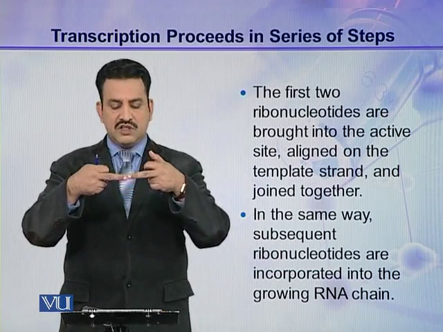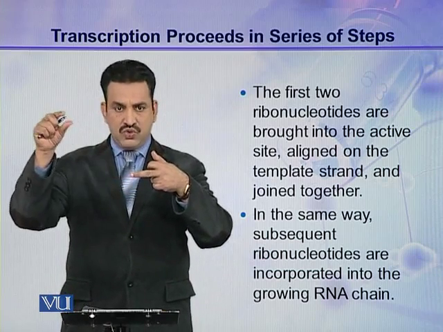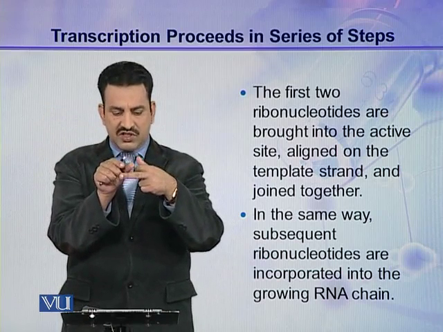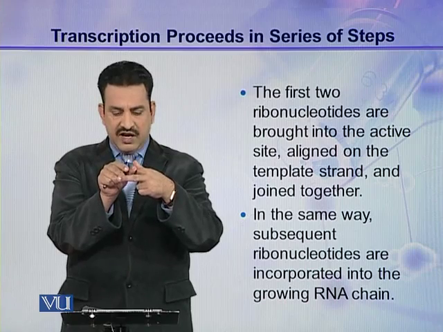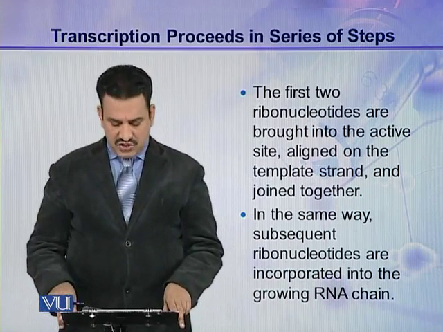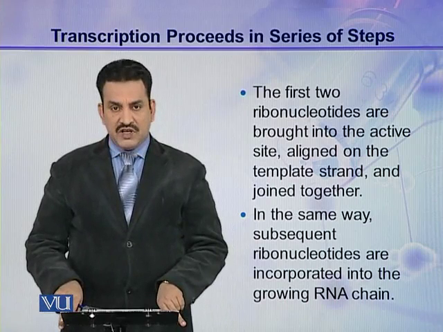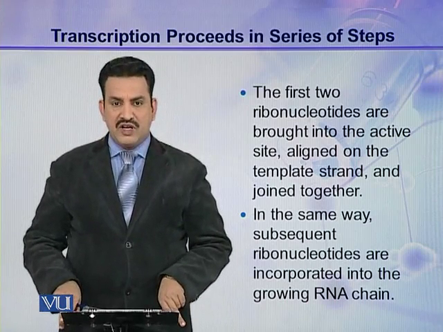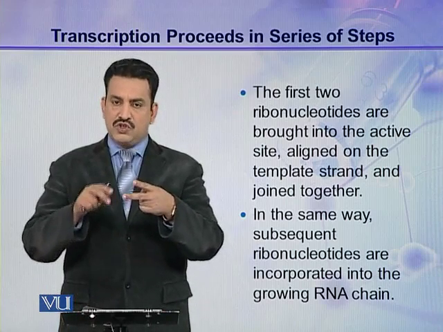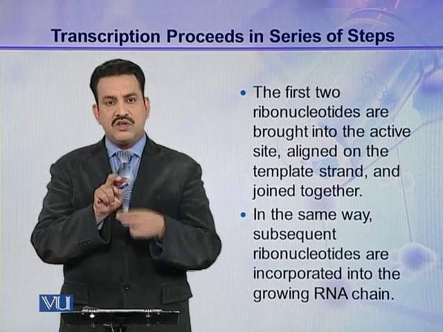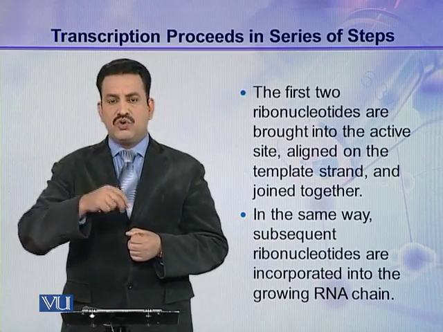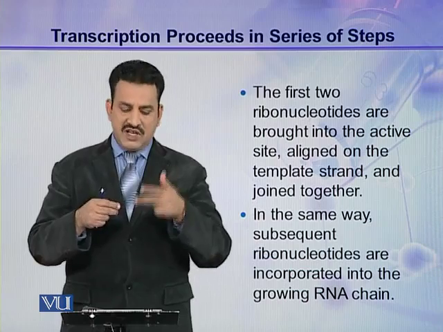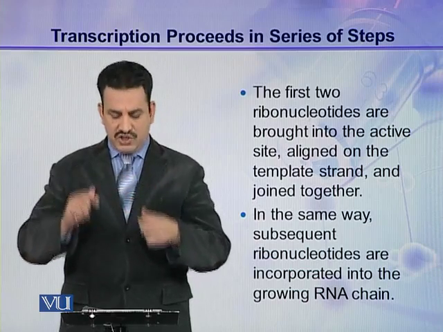So if this is the template strand, two ribonucleotides come here, they align across this template, they join together, and they stay here. In the same way, subsequent ribonucleotides are incorporated into the growing RNA chain. After the joining of these first two nucleotides, new nucleotides keep on entering, and they keep on joining with the existing RNA chain.